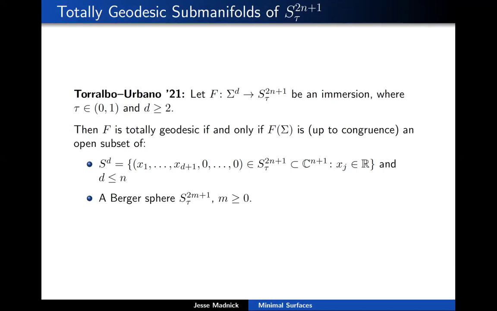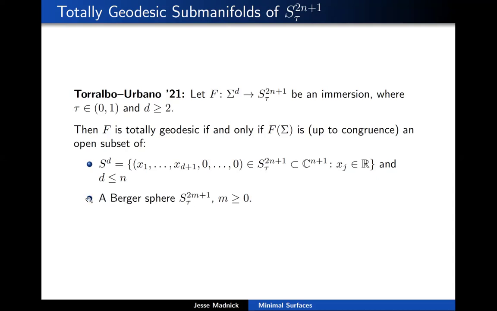What they show is that if you have an immersion of a submanifold of dimension at least 2, and here the squashing factor is strictly less than 1, then that immersion is totally geodesic if and only if the image is, up to congruence, an open subset of one of these things. Either it's this d-sphere here, and d is at most n, or it's a Berger subsphere.